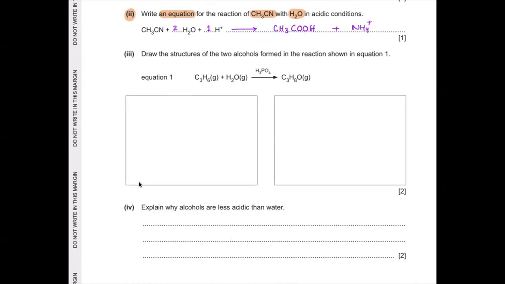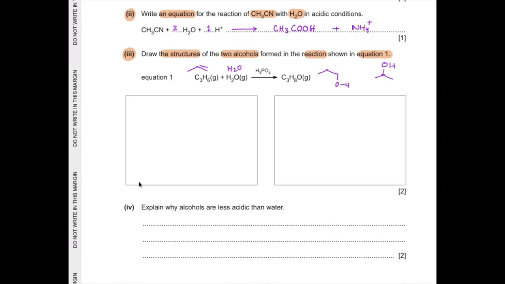Now, part 3, draw the structure of the two alcohols formed in the reaction shown in equation 1. Okay, so it's a propene, right? For example, if I draw its skeletal structure, it would be like this when you are reacting with water. The two possibilities are that the OH goes on the first carbon or the OH goes on the second carbon.